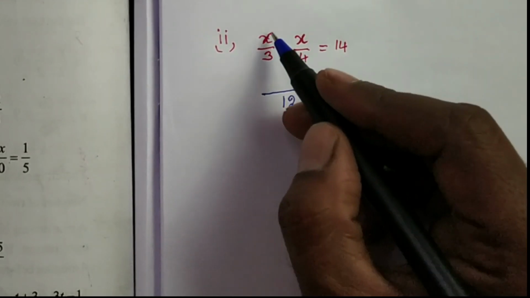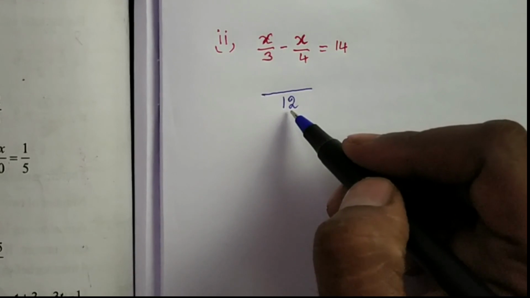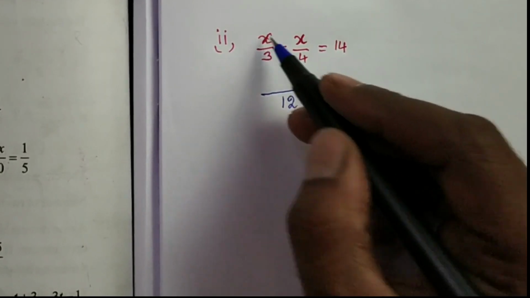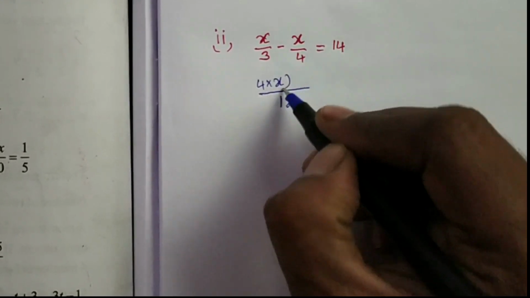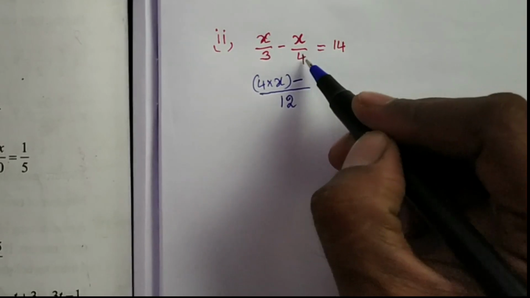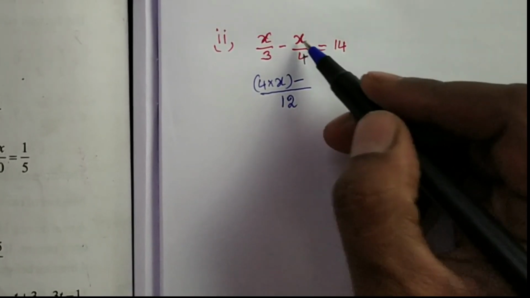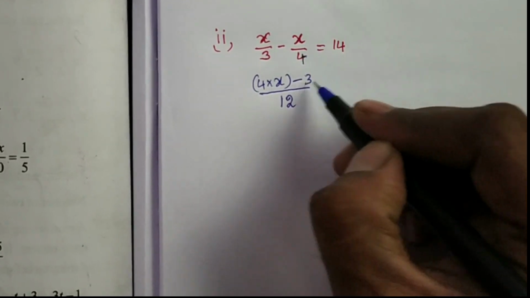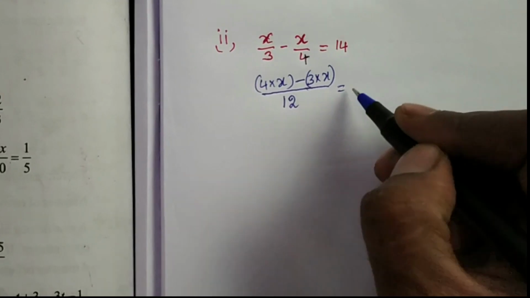Now in the first fraction the denominator is 3. This 3 in LCM, 4 times will cancel, 4 into the numerator x. So 4 into x minus, this denominator 4 in LCM 12, 3 times will cancel, 3 into this numerator x, that is 3 into x, that is equal to 14.